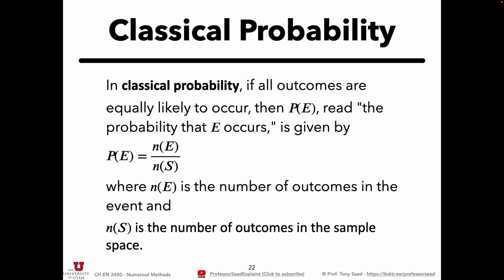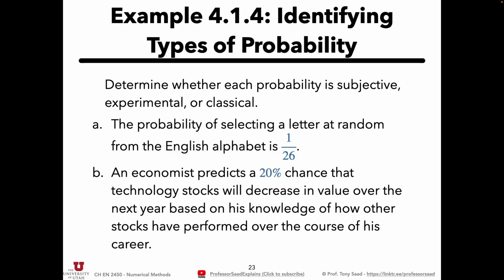Okay? All right, so let's try to work through this. First, we have a couple of questions. Which probability is subjective, experimental, or classical? The probability of selecting a letter at random from the English language is 1 over 26. Is that classical, experimental, or subjective?